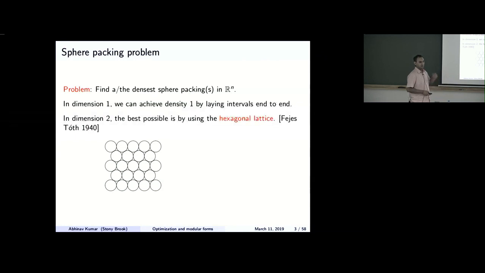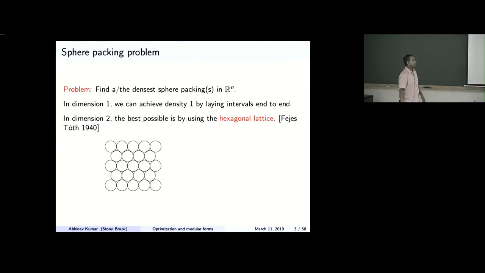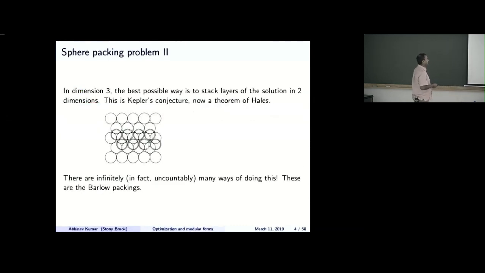Yes, people had some heuristic arguments about angles and whatnot, but if you actually sit and write down a proof, you need to look at what happens in a line of balls, and then where you put the next ball and so on, and it requires just a little bit of work. It's not difficult. It becomes more difficult in dimension 3, where the best thing you could do is take a hexagonal layer of balls, like in the 2-dimensional case.